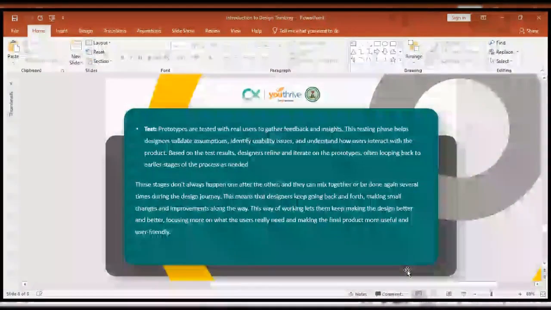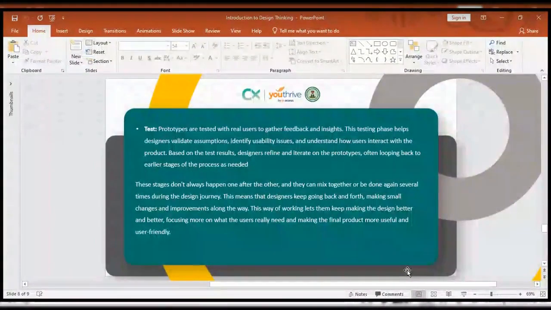But this way of working keeps making the design better and better, focusing more on what the user really needs and making the final product more useful and more user-friendly. Do you understand? So go ahead and ask your question.